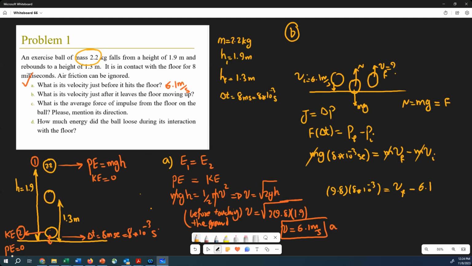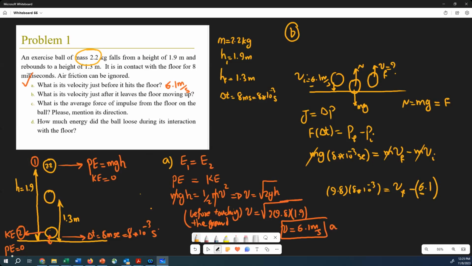But we need to know that this F is the negative F, because of the impulse. The force is correct, but the velocity here is downward, so we need to put it with its sign. So the velocity is going to be VF minus 6.1, because the initial velocity is downward.